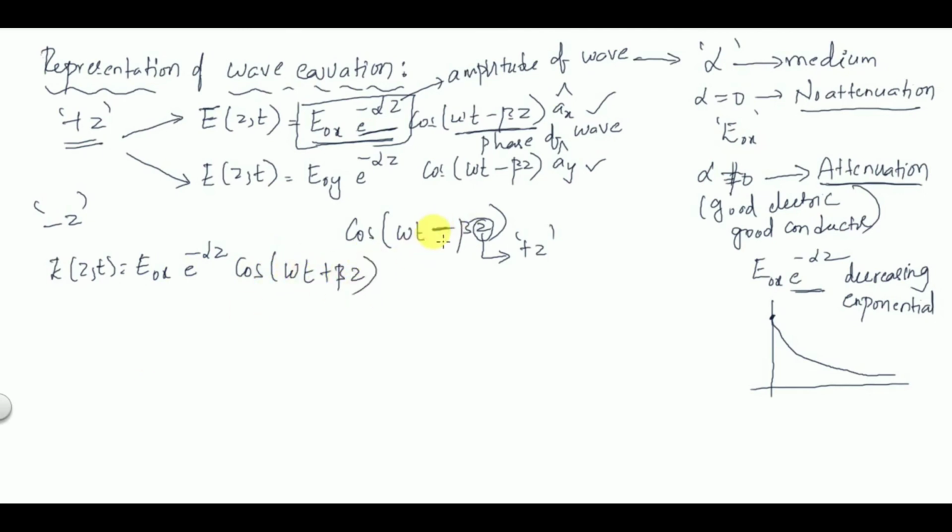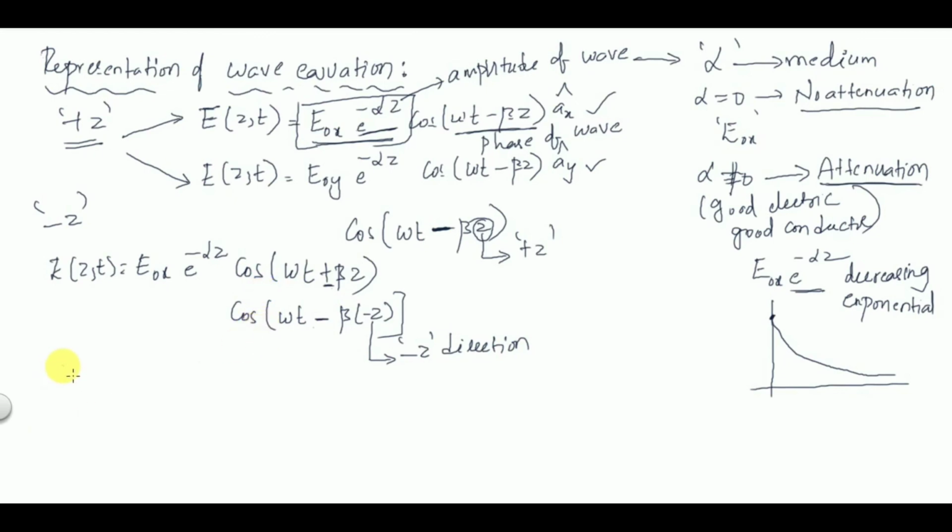So the general form has a minus here, so if you write cos of omega t minus beta of minus z, the minus of minus will become plus again. So the wave is traveling in minus z direction. Okay, so this is how we can know whether the wave is traveling in plus z or minus z direction.